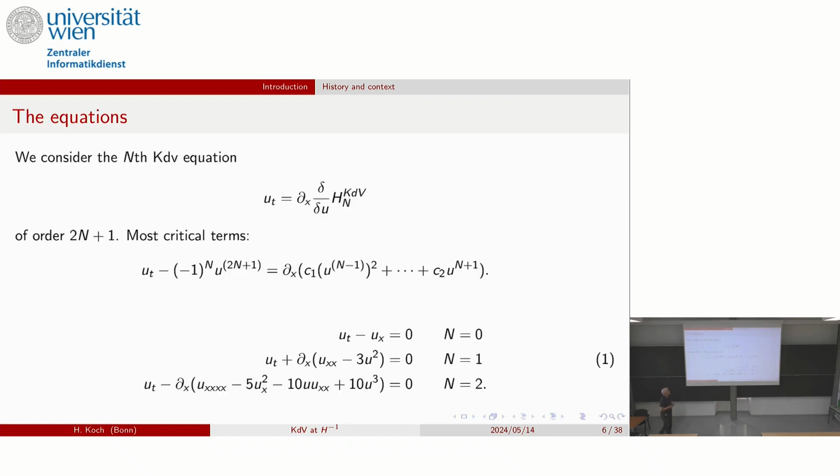So then we get the nth order KdV, the nth KdV equation. I'll explain a bit how we get to the nth Hamiltonian. And then I list the structure. So the nth equation has order 2n plus 1. And for the nonlinearity, I only write down some of the important terms. There's a term u to the power n plus 1, and there is a quadratic term, which is the (n minus 1)st derivative squared and the derivative of that.